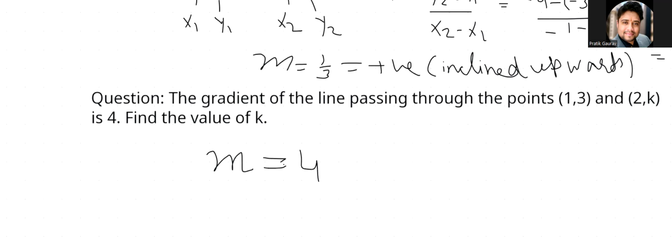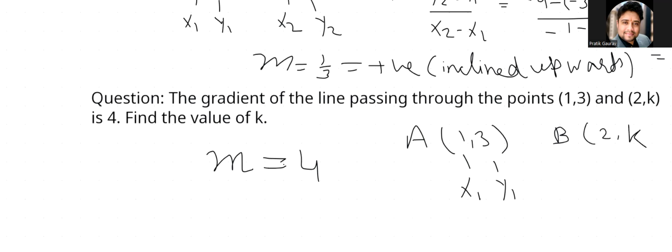Now let us take A as (1, 3), so this is your x1 and this is your y1. And we will take B as (2, k), so let us take this as x2 and this as y2.